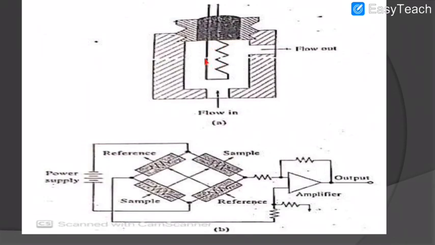So this is a heated wire, and the gas goes out through the outflow. Here you are having two sample wires, and here you are having two reference wires. You can have one sample and one reference wire, or you can have two sample and two reference wires.